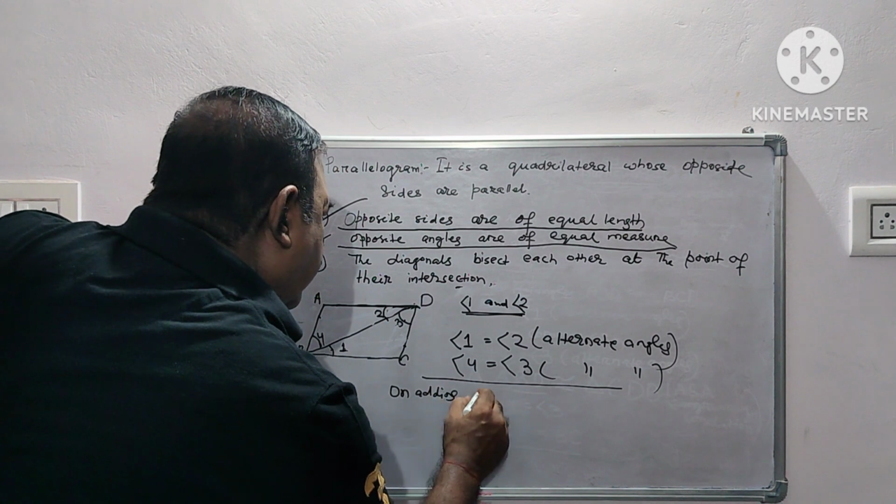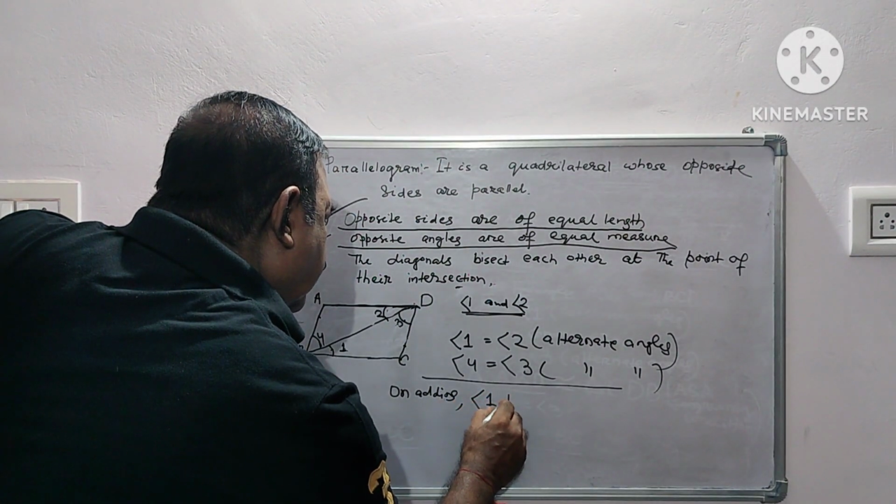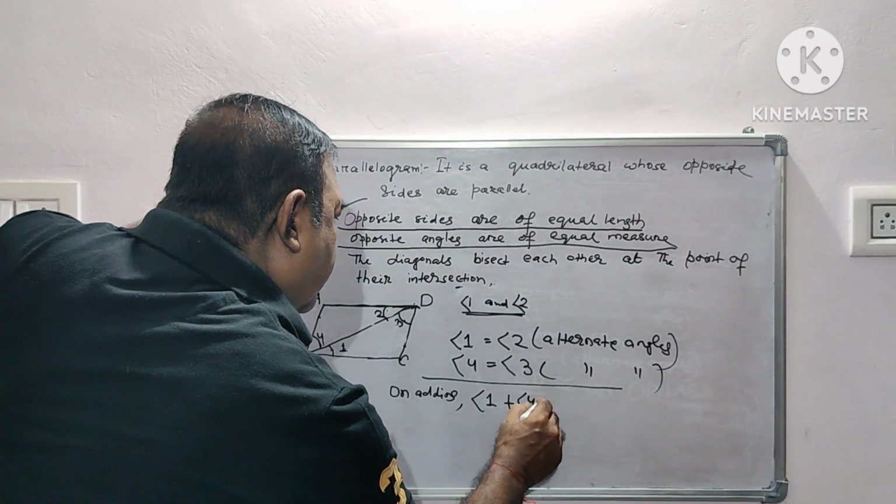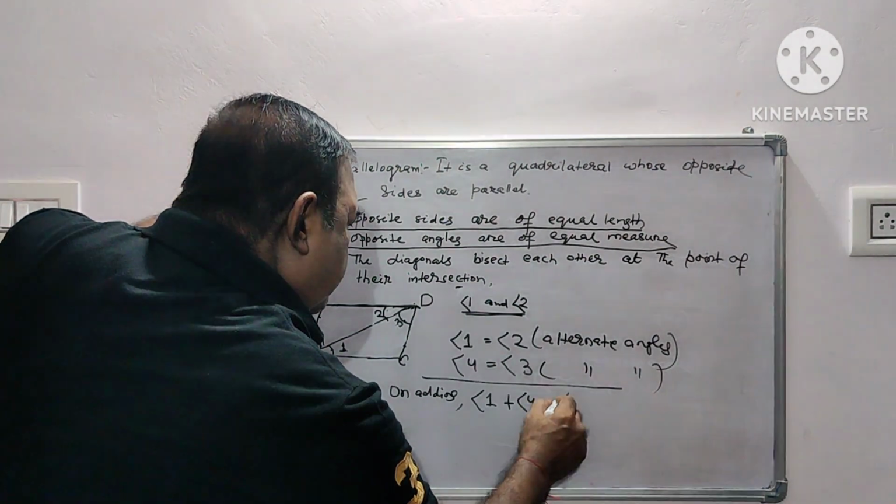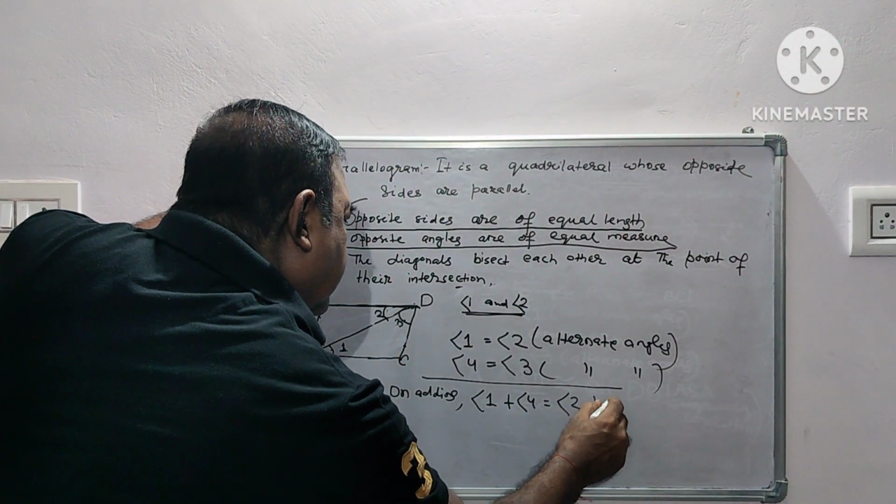Just on adding, what happens? Measure of angle 1 plus measure of angle 4 is equal to measure of angle 2 plus measure of angle 3.